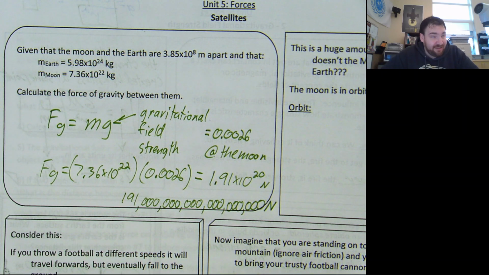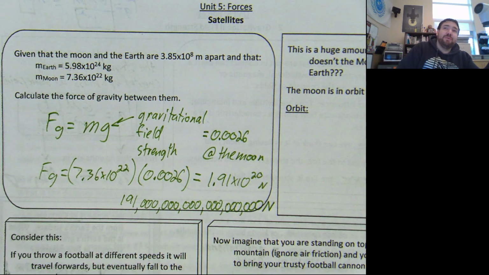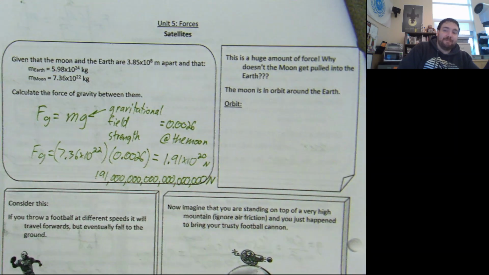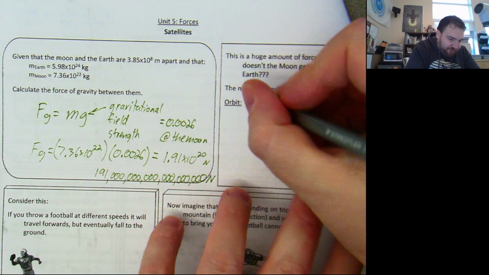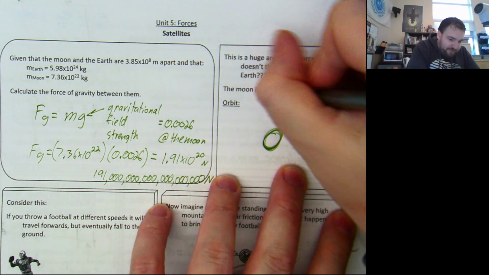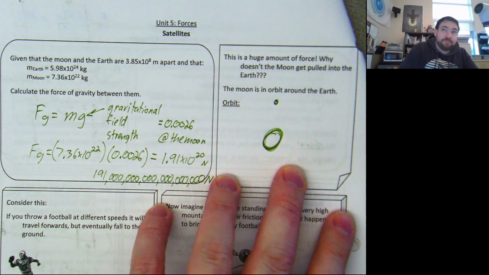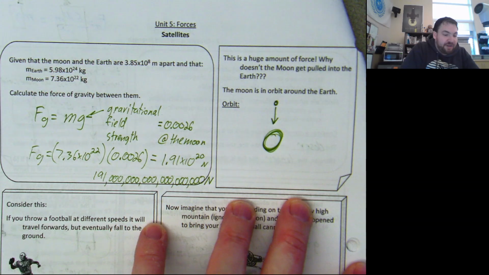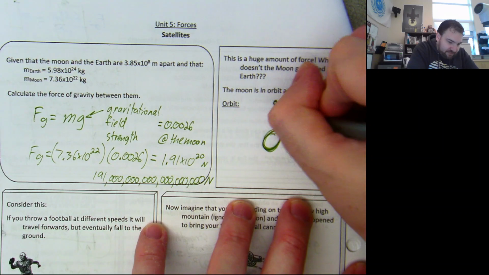So why then does the moon not slam into our planet? You've got the Earth right here. You've got the moon out here. The force on the moon from the Earth is really big.